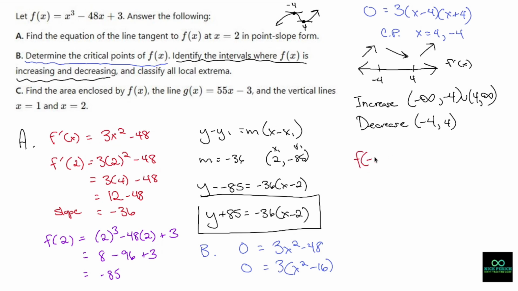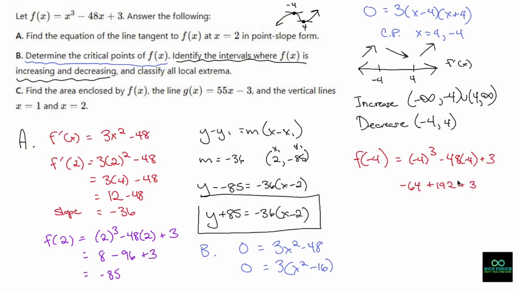So that means we're going to plug in negative 4 into the original function to get us the exact point where this happens. So that's going to happen at negative 4 cubed minus 48 times negative 4 plus 3. So negative 4 cubed is negative 64. Minus 48 times negative 4 is going to be 192 plus 3.